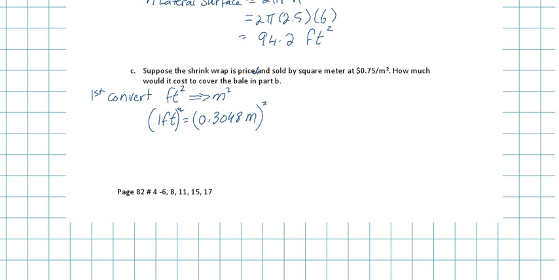Can you guys help me with that? What do you get when you do 0.3048 squared? 0.0929.